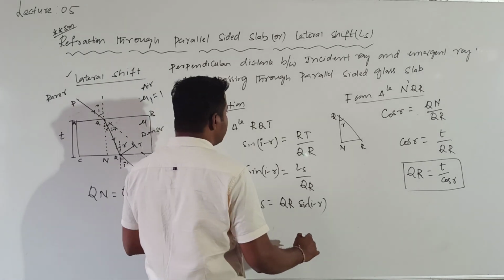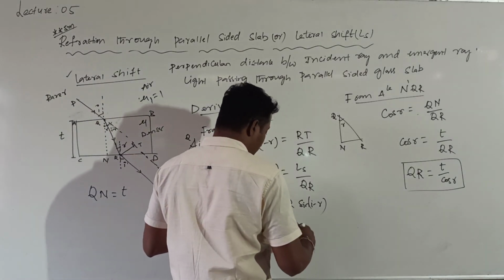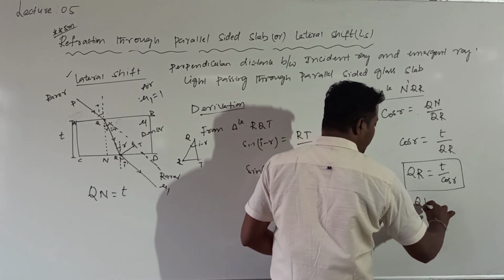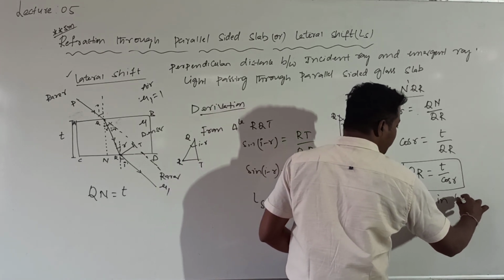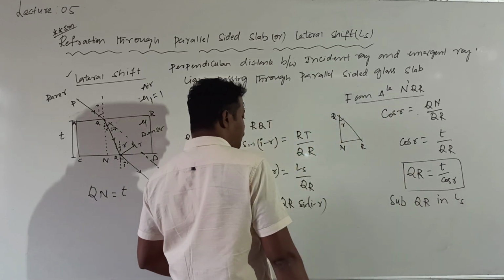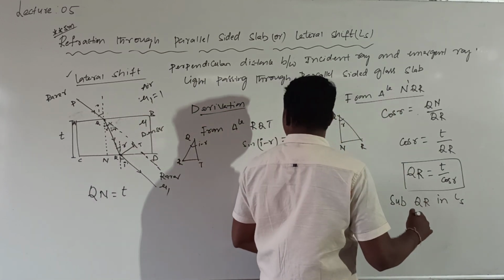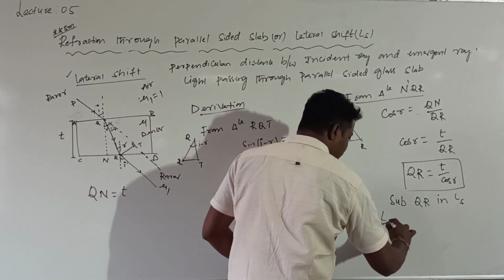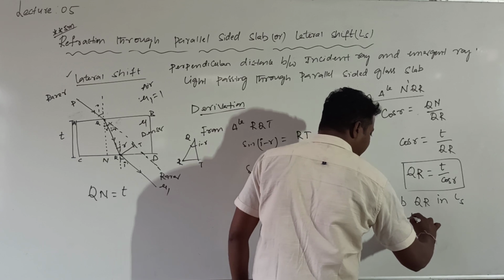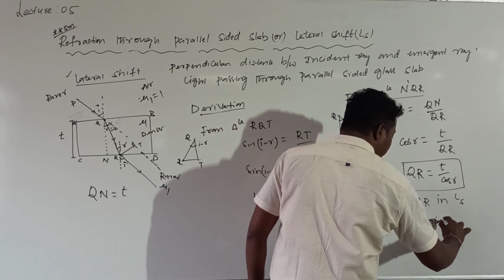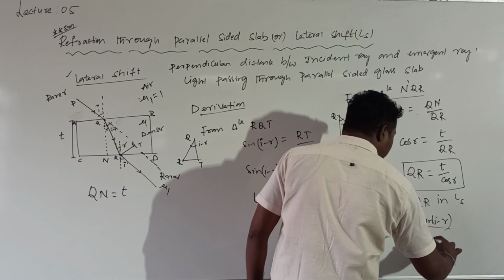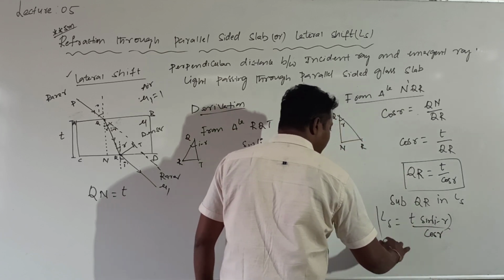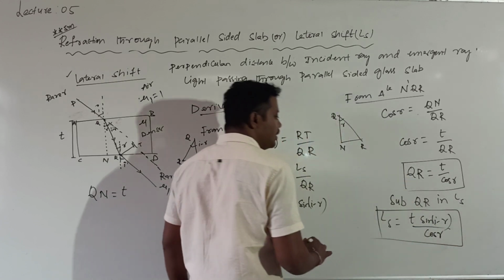Can I call it equation 1? Now substituting QR in the formula for LS, finally what will I get? The value of LS is equal to t into sin(i minus r) divided by cos r.